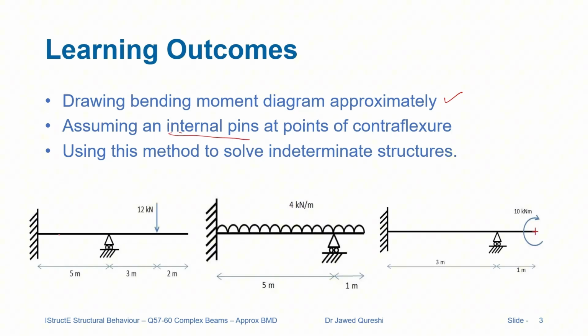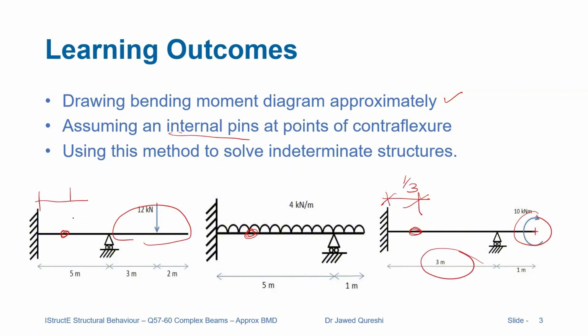For example, in all these cases, there will be a change in the curvature of the deflected shape at these points, and we normally assume these points as 1/3 to 1/4 of the span. When we have loading at the overhang portion, in that case, most of the time we assume that the internal pin is at 1/3 of the span.